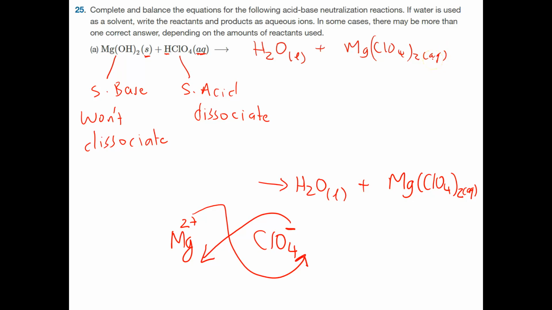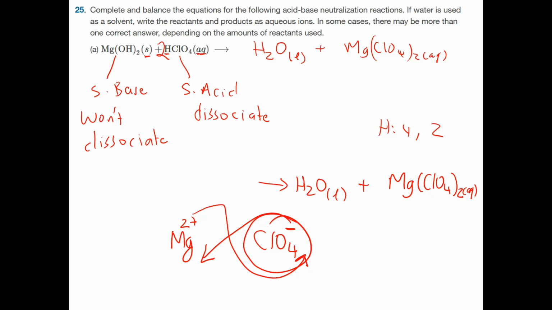There we go. Okay, so now we need to balance this guy. And hopefully immediately you can see that I've got 2 of my anion in my products. So that tells me I'm going to need 2 of my acid, aren't I? Okay, that gets us part of the way towards balancing this. But if you're observant, you'll see that we seem to have way too many hydrogen atoms present. On the left-hand side, we've got 4 hydrogens, and on the right-hand side, we have only 2.